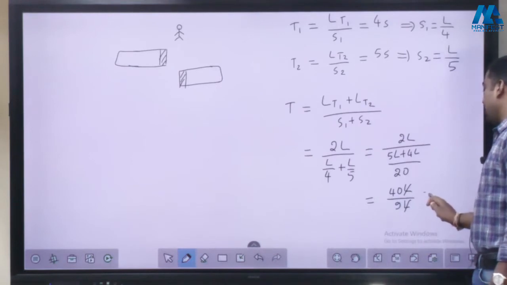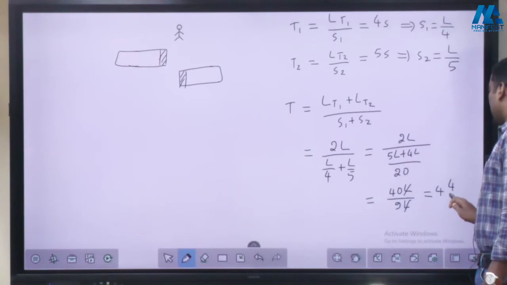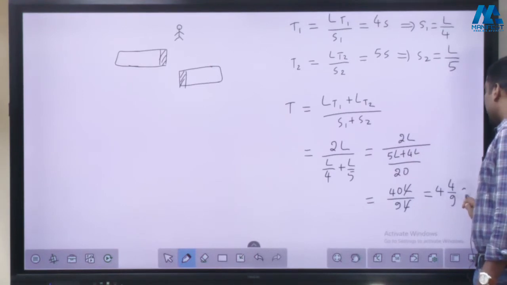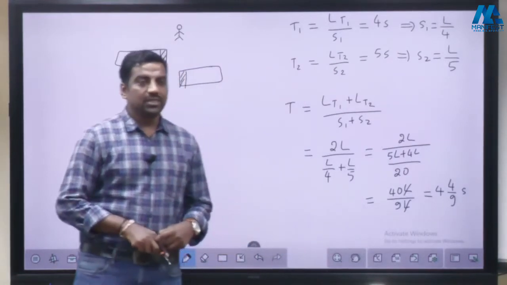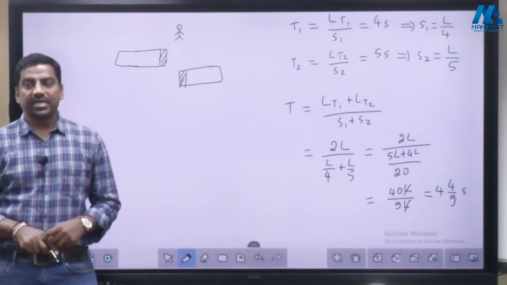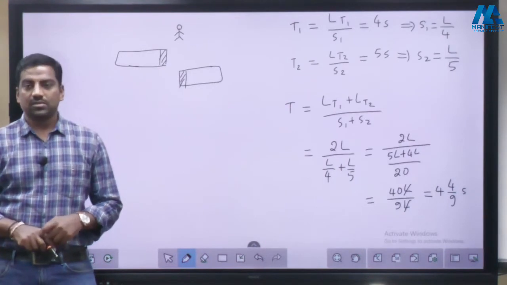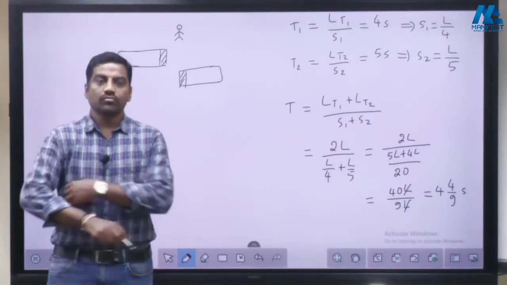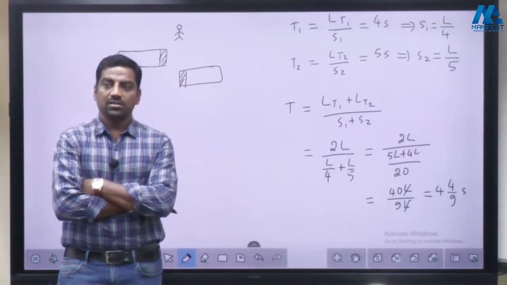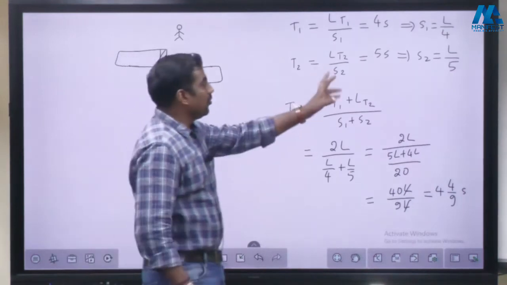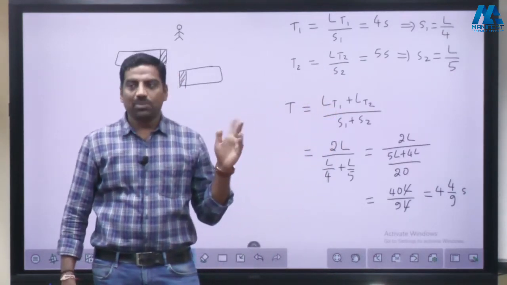So 40 by 9 is nothing but, 9 fours are 36, so 4 integer 4 by 9 seconds. Simple. But you should be mindful of the fact that length of the train 1 is equal to length of the train 2. L plus L, 2L.